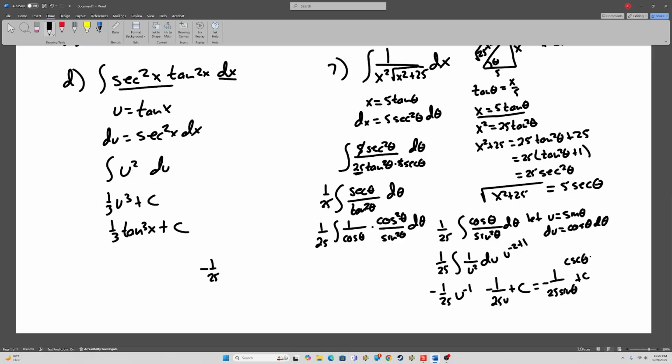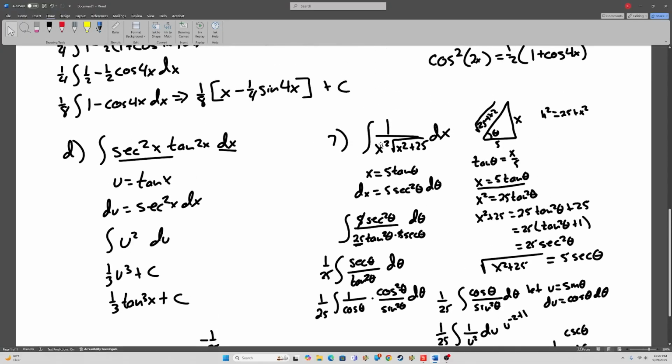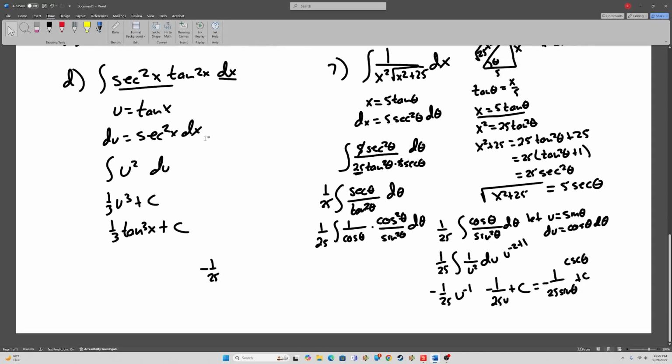But if we go back up to our triangle, SOHCAHTOA, right? Sine is opposite over hypotenuse, so we need hypotenuse over opposite. That's going to end up being square root of 25 plus x squared over x, and then plus c.